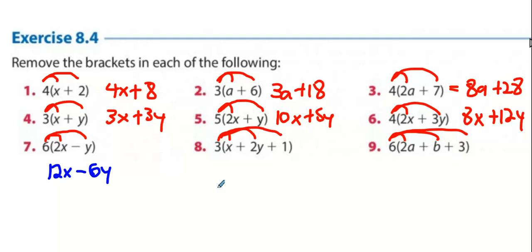Good, okay. 3 times x? 3 times 2y? Yes, it is. And 3 times 1? Not too bad, was it? All right, D. Did you do question 9? 6 times 2a? 6 times b? And finally 6 times 3.